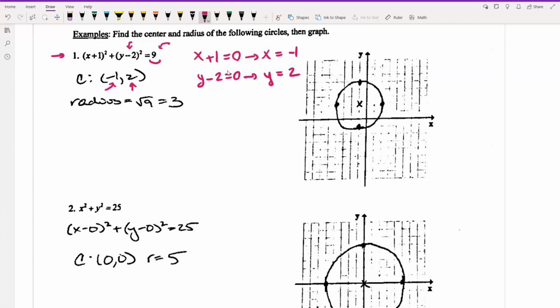And how we can graph: find the center. So that is (−1, 2). So it's this point. That is the center. And then the radius is 3.